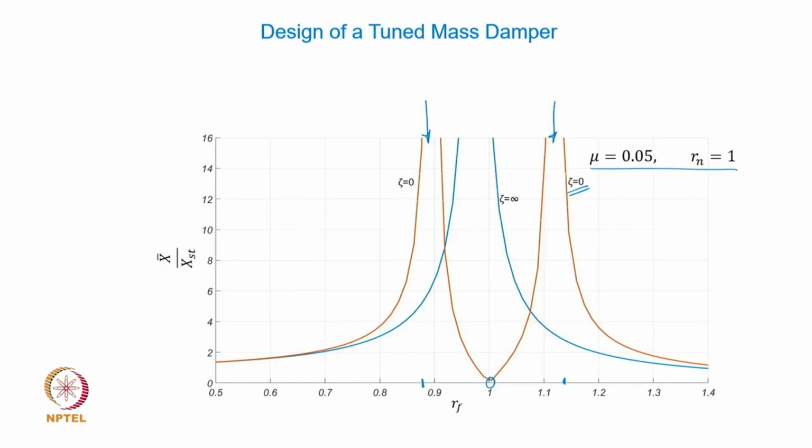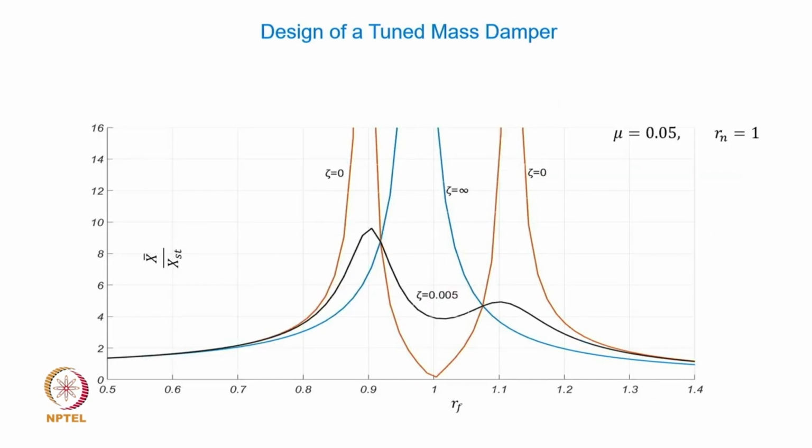Now if I take an intermediate value of zeta, not towards either extreme of 0 or infinity, 0.05 I have taken it here. So what happens? A small value of zeta, from mathematically infinite amplitude, reduces the amplitude at these two resonances.